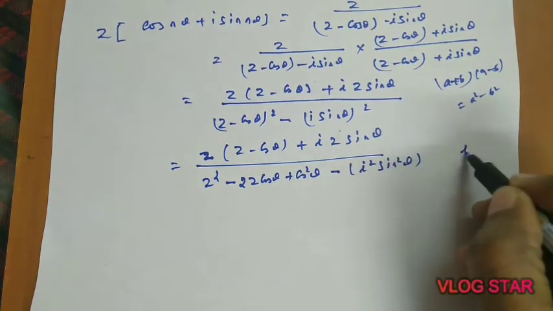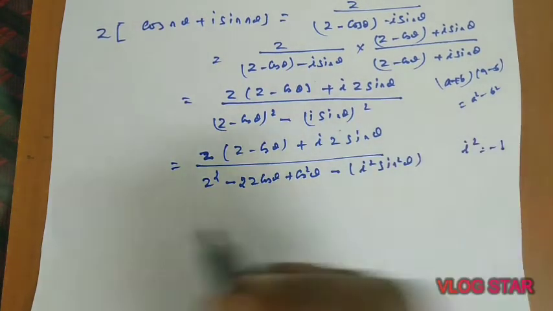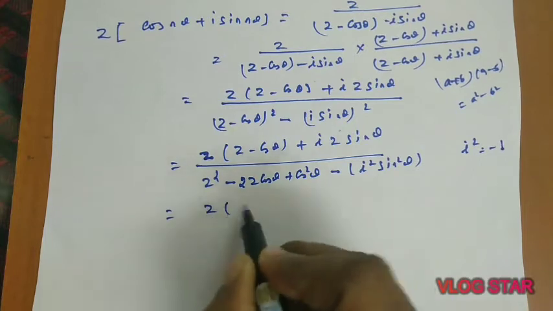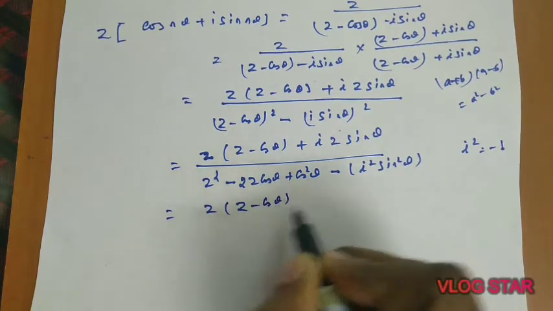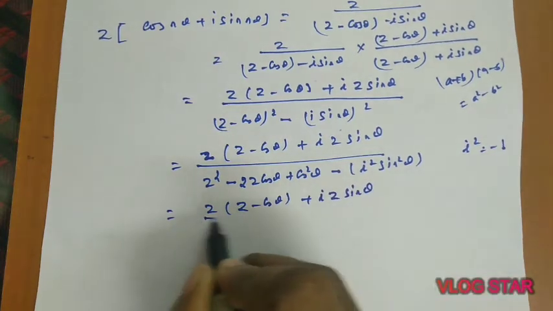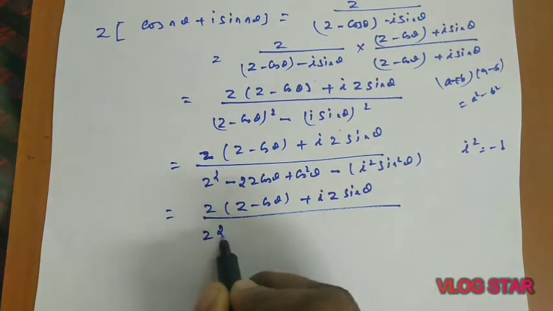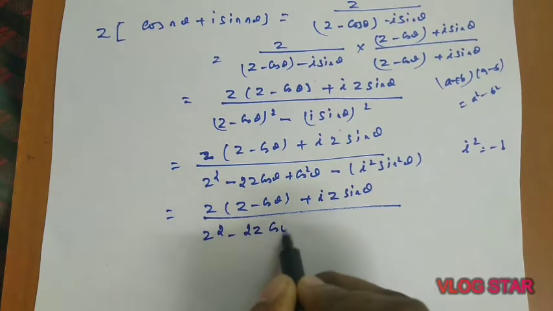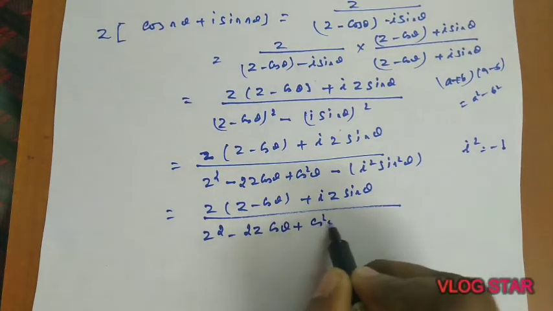We know the i square value, i square equals minus 1. So this can be written as z into (z minus cos theta) plus i z sin theta divided by z square minus 2z cos theta plus cos square theta.